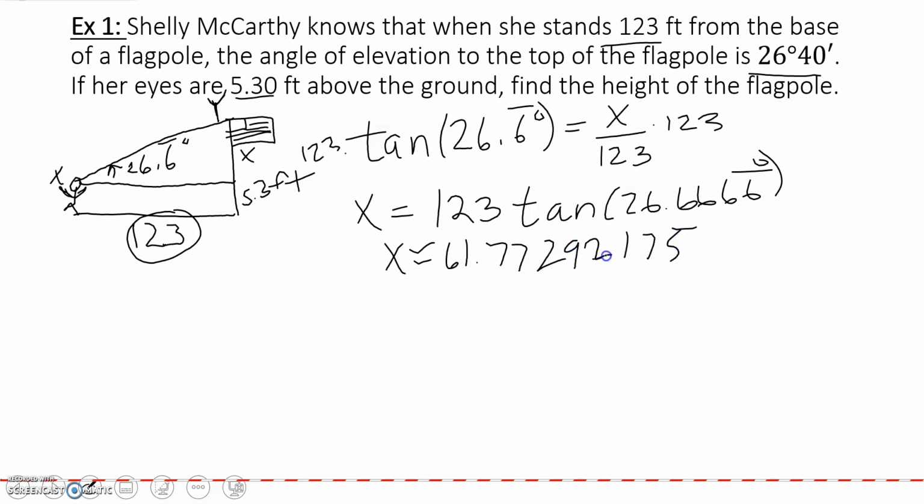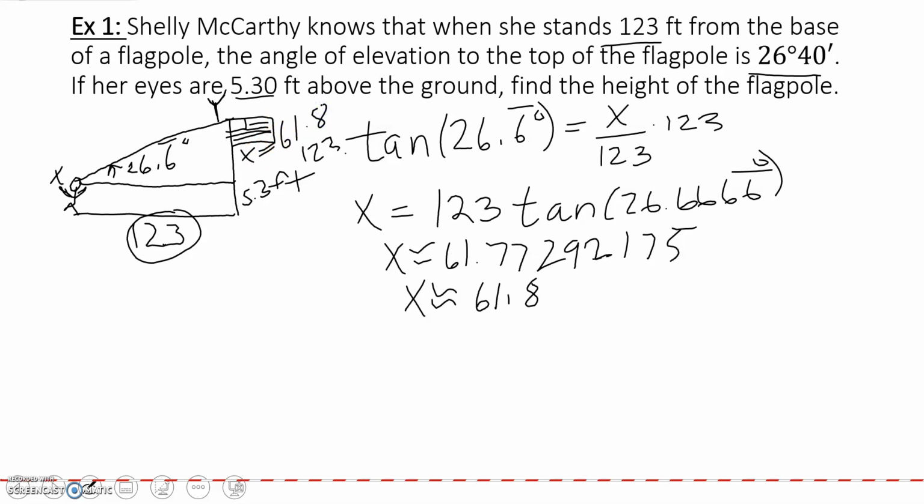But remember, everything here has 3 significant digits. So this little curly equal sign means approximately. If we round that to 3 significant digits, that would be 61.8. So our x over here is 61.8.